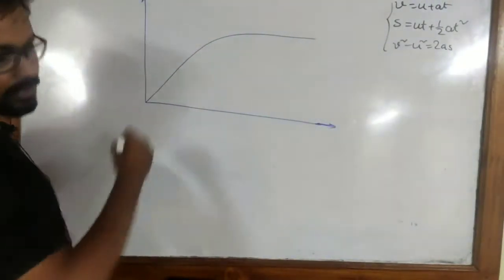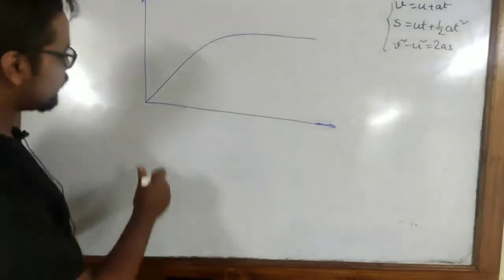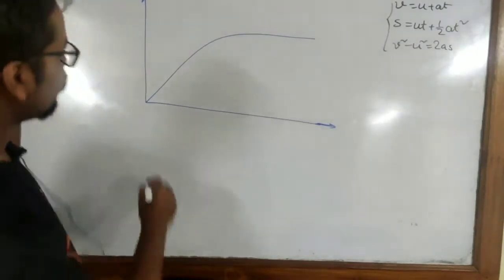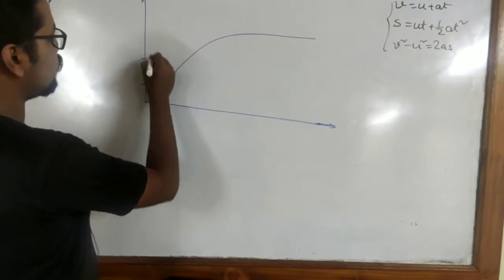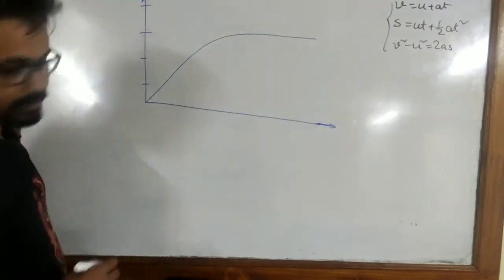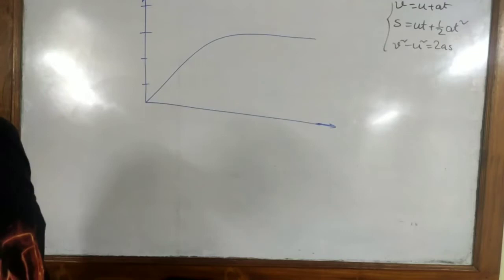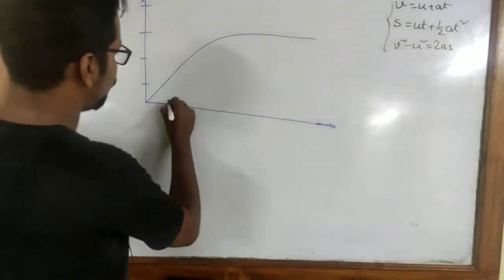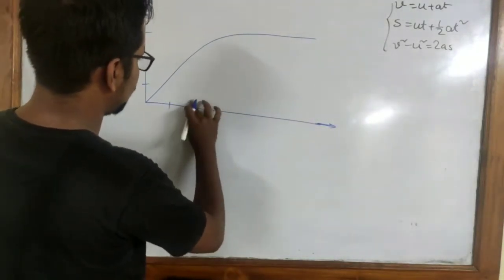The markings here are given as 2, 4, 6, 8, and here we have 2, 4, 6, 8, 10.